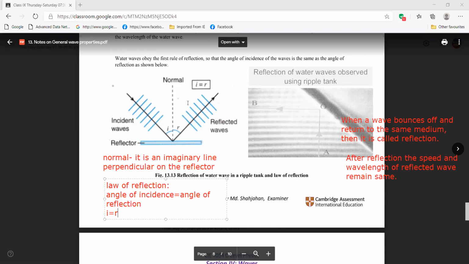And you note down one thing, that is, we always label angle of incidence and angle of reflection from the normal. The normal to the incident ray, this is angle of incidence. The normal to the reflected ray, it is angle of reflection. You note down this point. This is very, very important. Give a star.